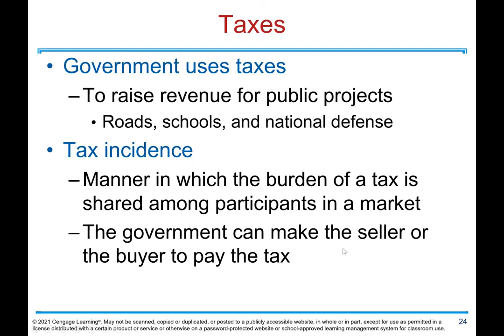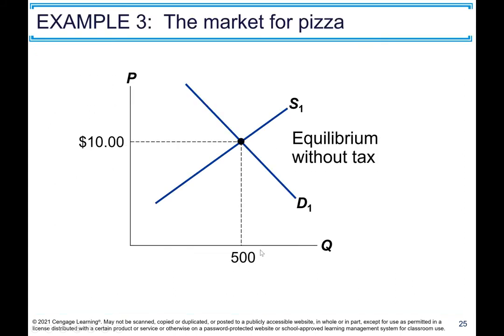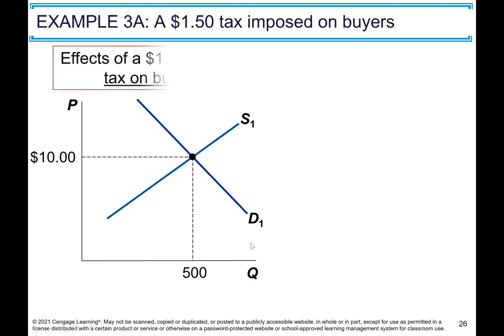The government can make the seller or the buyer pay the tax. So here is an example of the market for pizza in equilibrium. If there is no tax, pizza will be sold for $10. The buyer will pay $10. The seller will receive $10, and 500 pizzas will be sold.